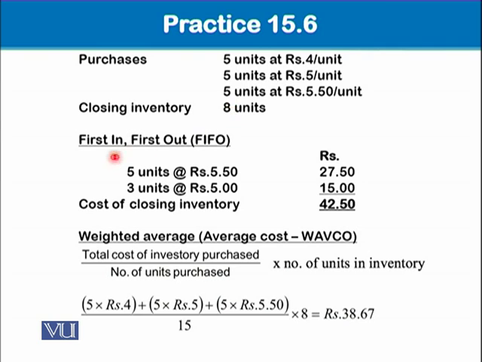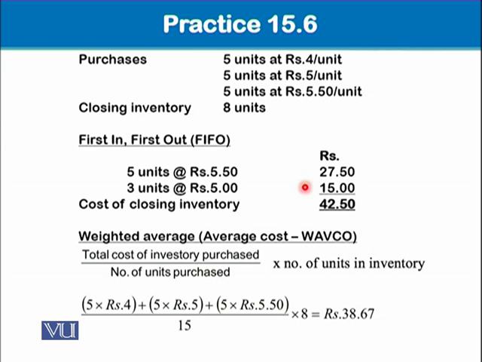Under this first in first out method, 7 units have been out. What is with us? 5 plus 3. So these 5 will be worked out at 5.5, and the remaining 3 will be multiplied by the rate of 5 per unit.